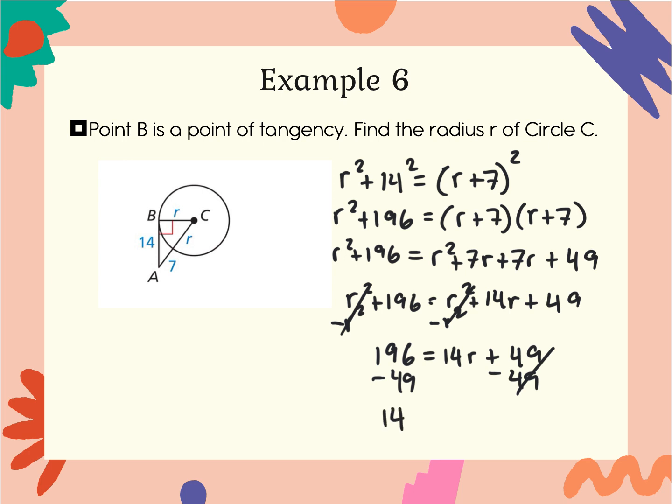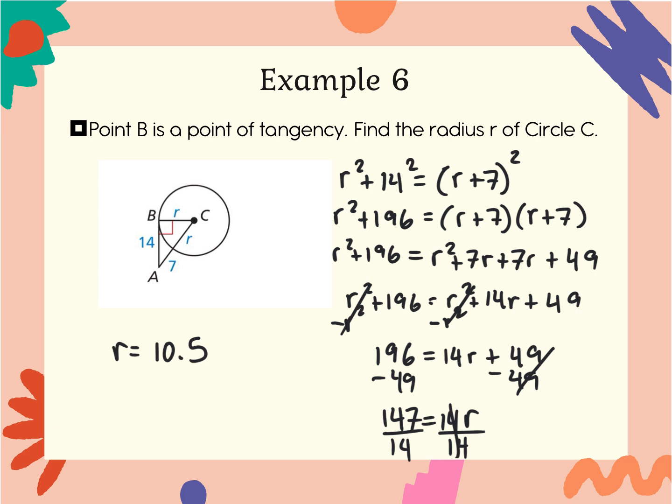So 147 is equal to 14r. Then I divide by 14 on both sides. And I get that my r, which is the radius, is equal to 10.5. Now I plugged it in the calculator, and that's why I got a decimal. If you would have kept it as a fraction, you would have gotten 10 and 1/2. But I'm solving it right now with the calculator, so that's how I got the decimal.